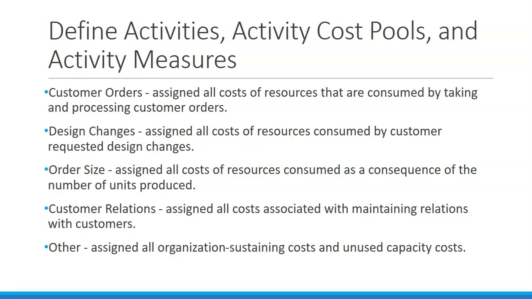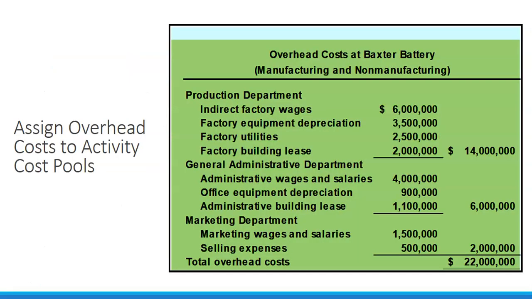Once we've decided what our activity cost pools and measures are, then we need to look at all of our costs and understand how they get separated into each of these cost pools. So we look at all of our costs.